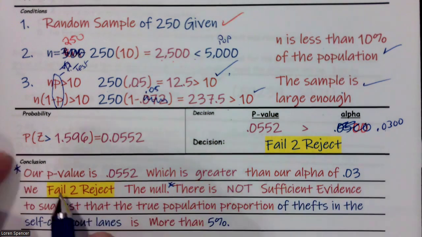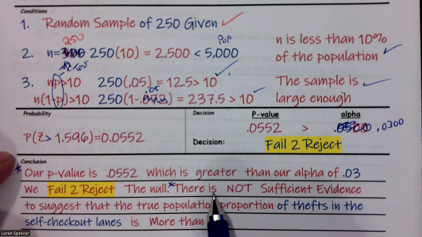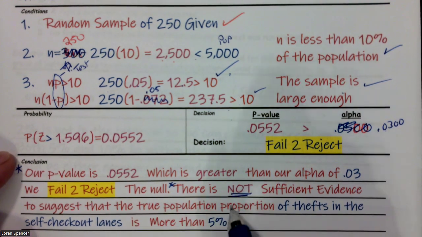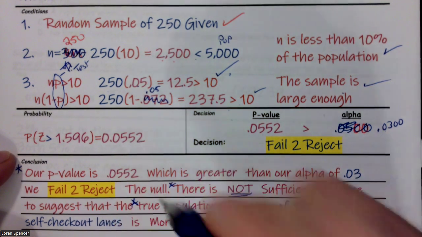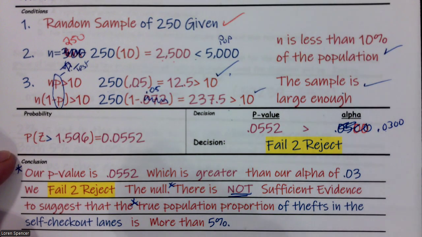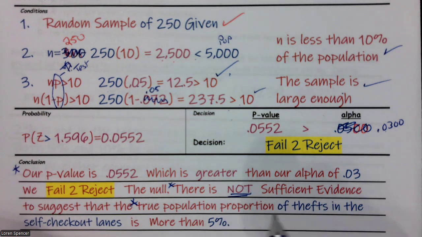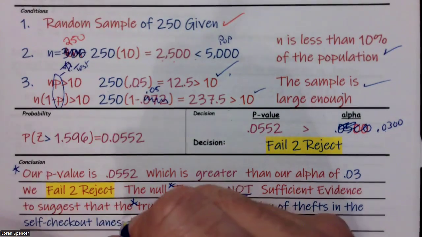And then there is not sufficient evidence. Super important that this is a "not" if it's a fail to reject: there's not sufficient evidence to suggest that the true population proportion of thefts in the self-checkout lane is more than 5%. So let's break that down.